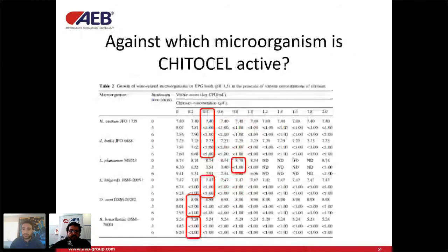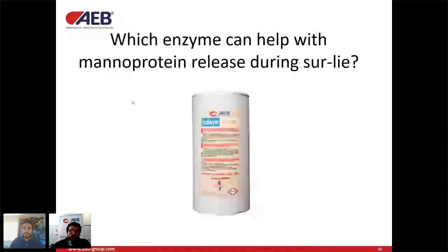Let's see. The other question is, against which microorganism is chitocell active? The options were gram-positive, gram-negative, gram-positive and gram-negative, spoilage yeast, and all of the above. And all of the above is the right answer.